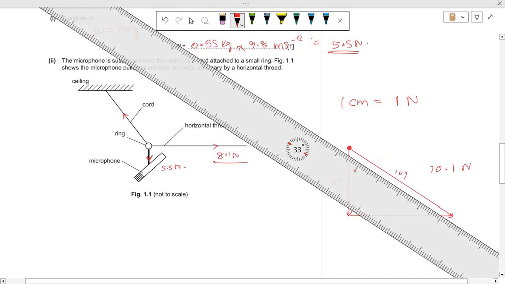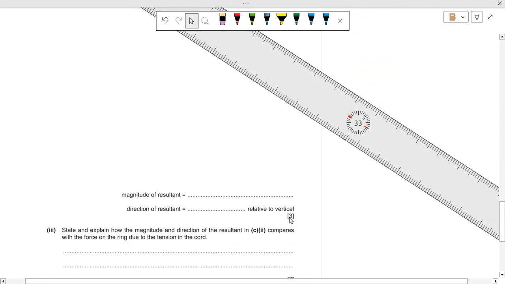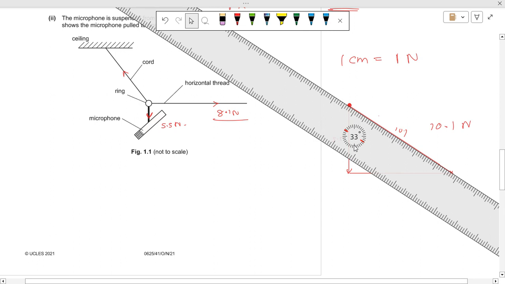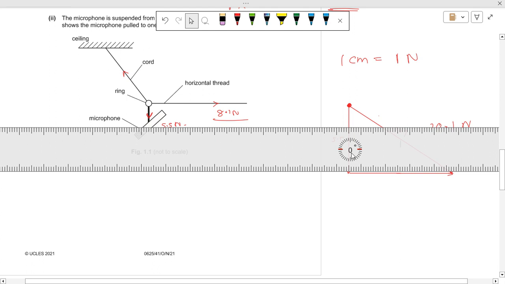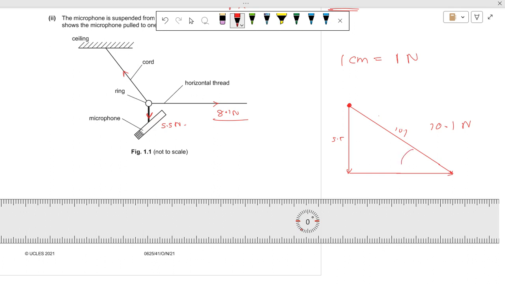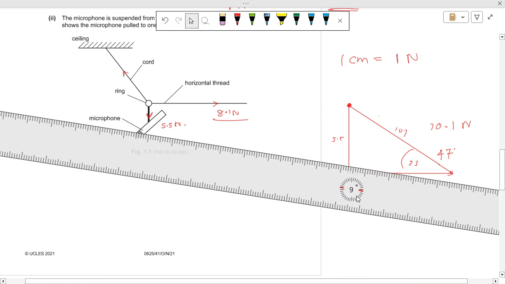And the direction of the resultant? It's 33 degrees relative to the horizontal surface. This is 33, which means this is 47. Magnitude is 10.1.